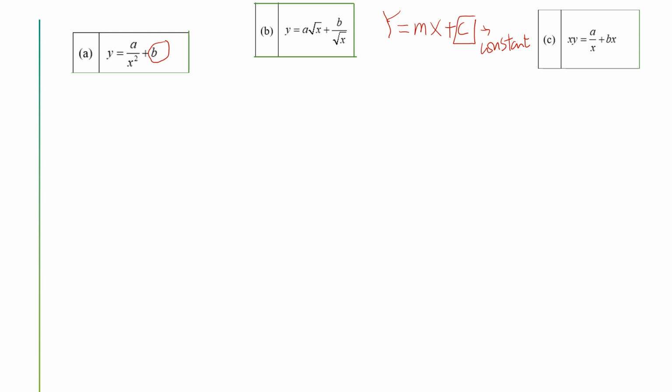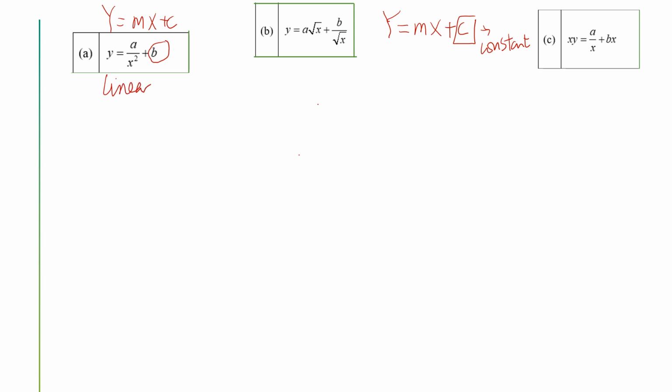So for the first equation, if you compare it with your y = mx + c, your b is actually the y-intercept value. So in this case, this is a linear equation.